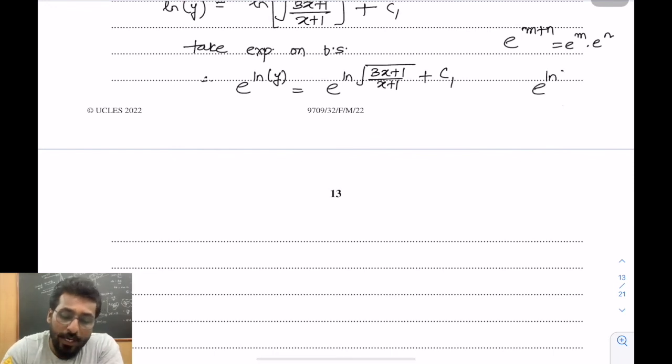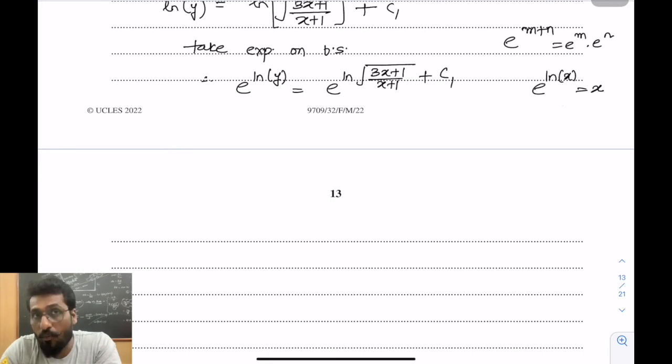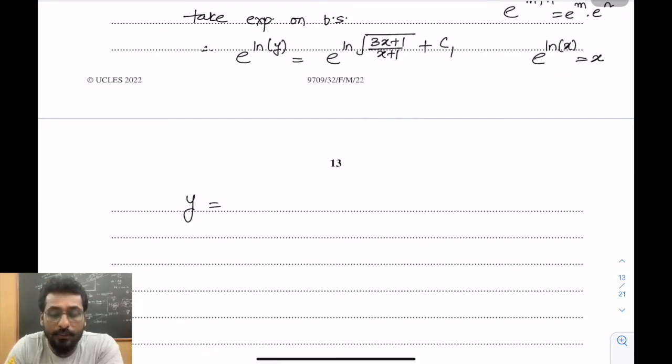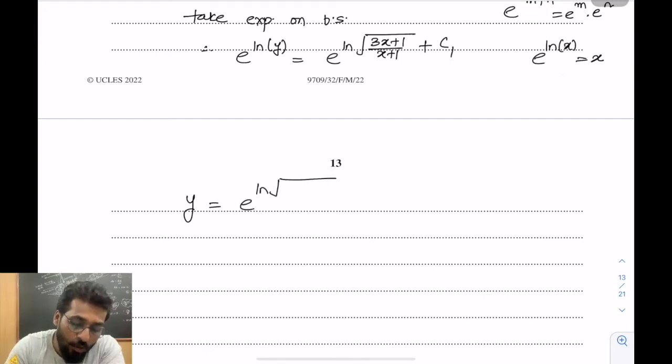Also, e raised to ln of x, do you know it is just x, right? All these formulas should be remembered. So e raised to ln of y is going to be y. E raised to ln of root of 3x plus 1 upon x plus 1 plus c1 is going to look like e raised to ln of root of 3x plus 1 upon x plus 1 into e raised to c1.